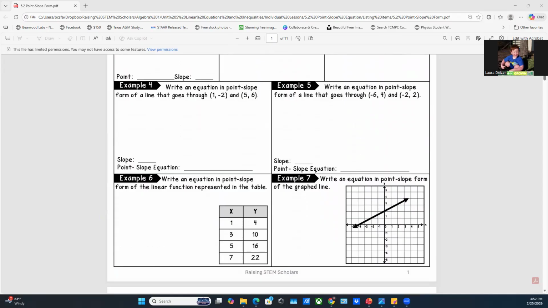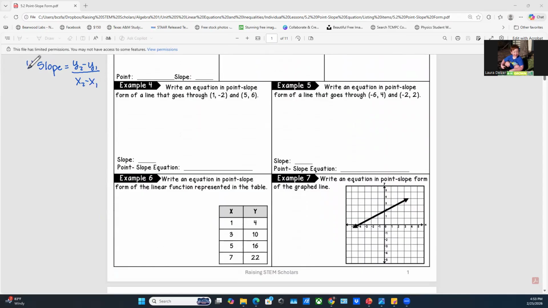Alrighty, so this one says write an equation in point slope form that passes through these 2 points. Let me just go ahead and write some equations over here. First, we need to remember how to find slope, and this was in prior lessons. So my slope equation is y2 minus y1 over x2 minus x1.